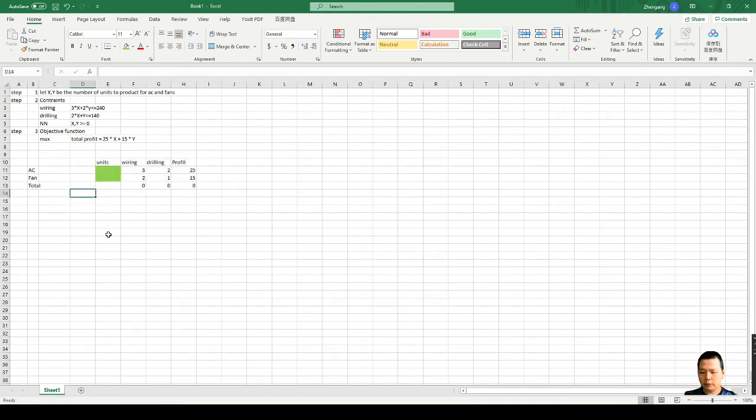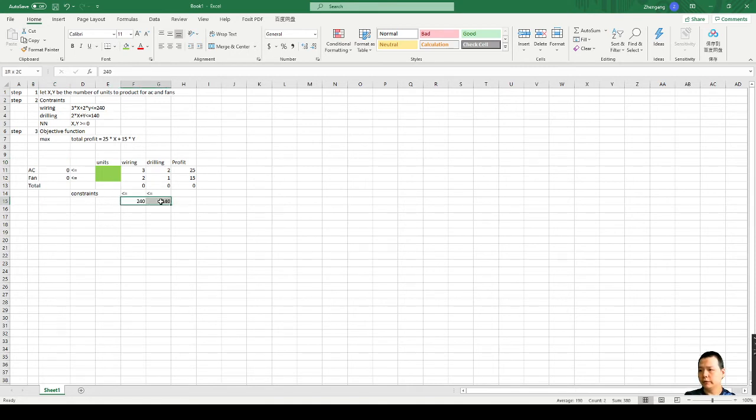So first we write out the constraints. The total varying should be less than or equal to 240, and the drilling should be less than or equal to 140. And we have non-negative constraints, so this one should be greater than or equal to 0, and this one should be greater than or equal to 0.